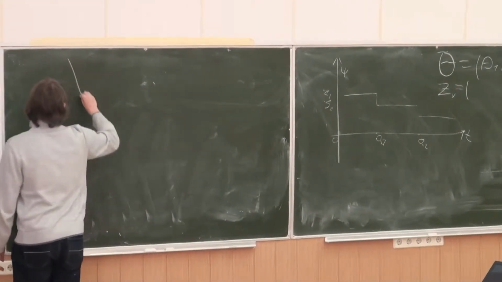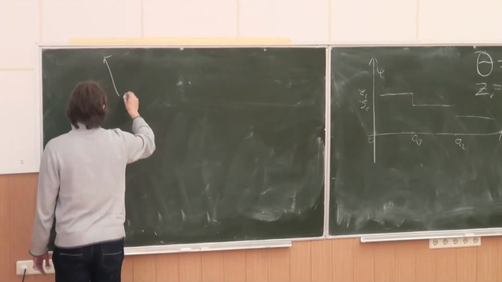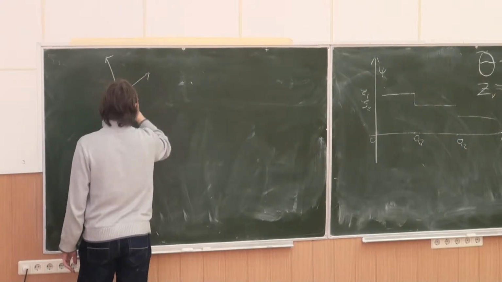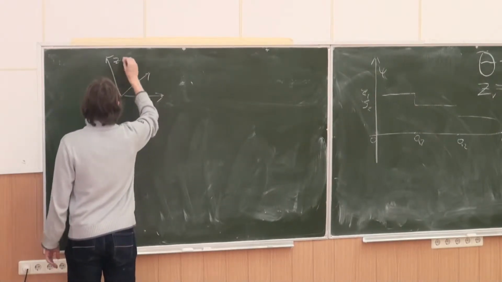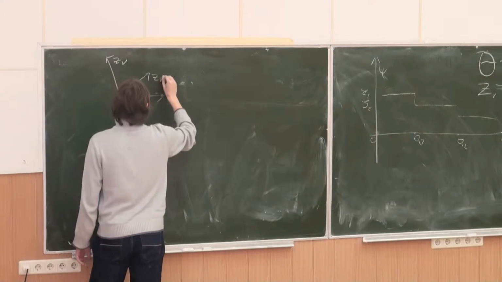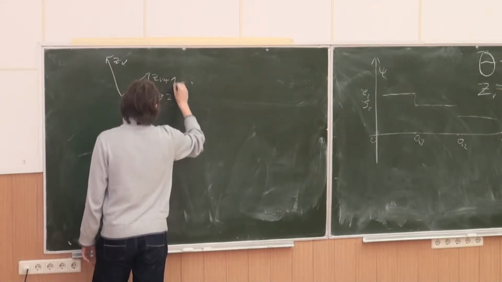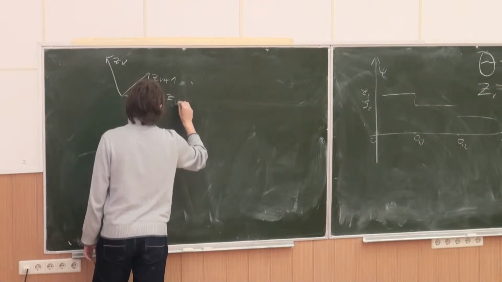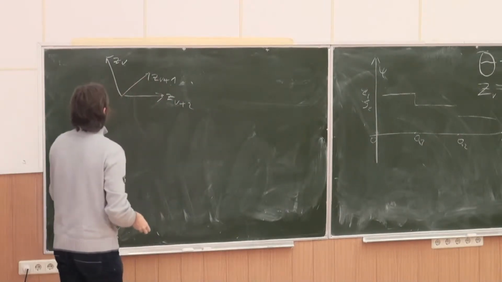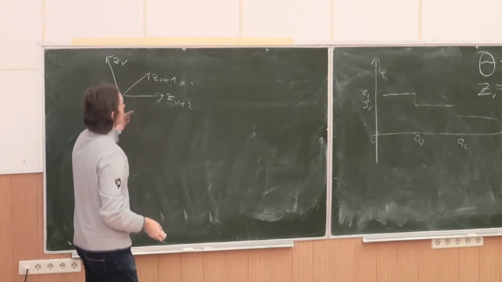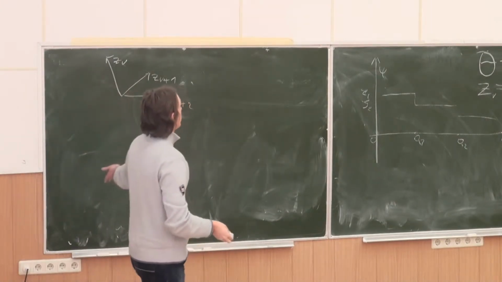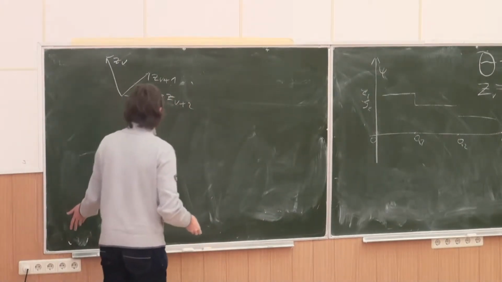Here is the first vector, here is the second, the third, z sub mu plus 1, z sub mu plus 2. This triple exists after Jarník's lemma.